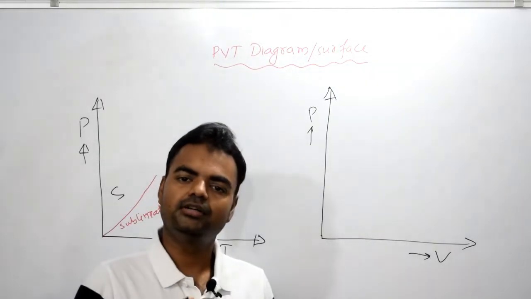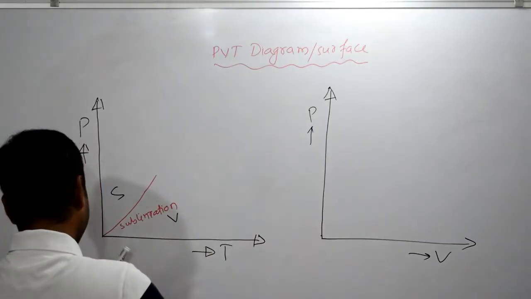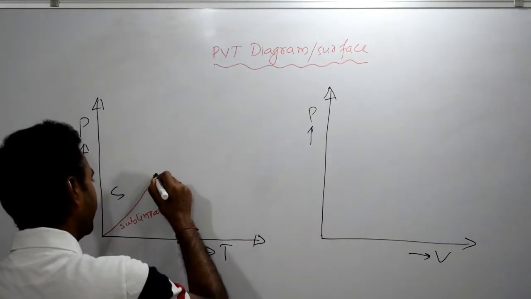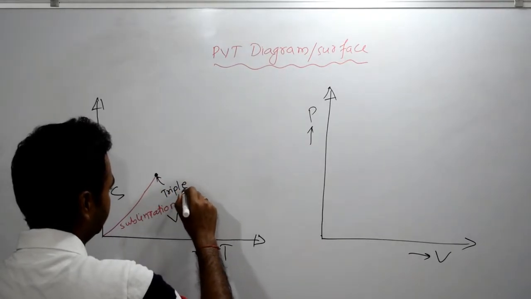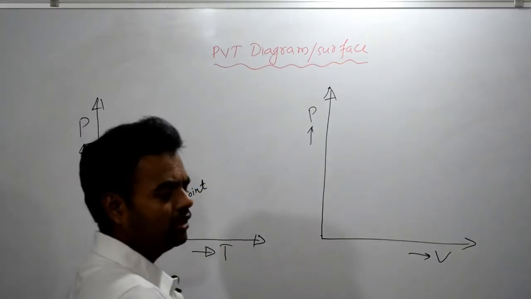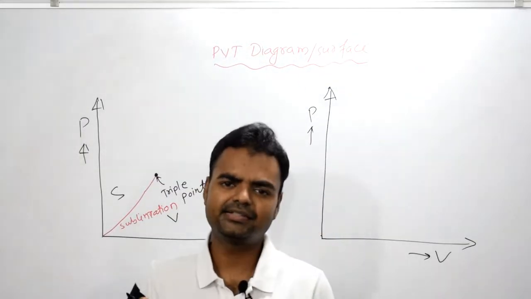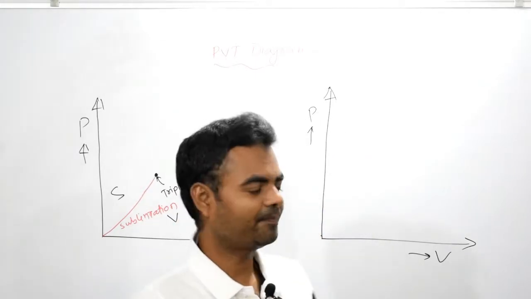This is known as sublimation. Now here we have the triple point. That means at this point all the phases exist, like solid, liquid and gas.